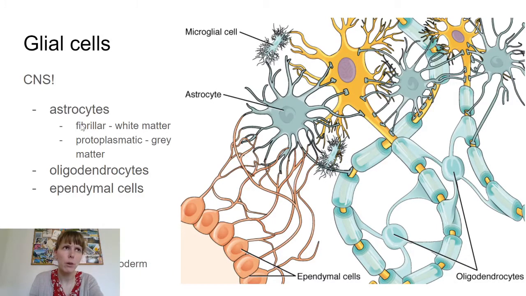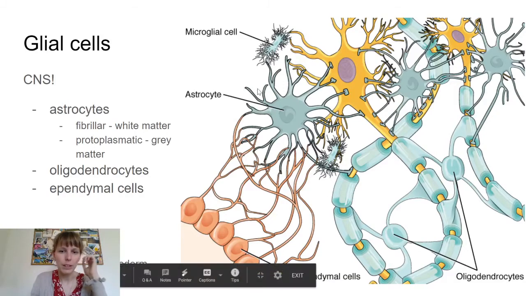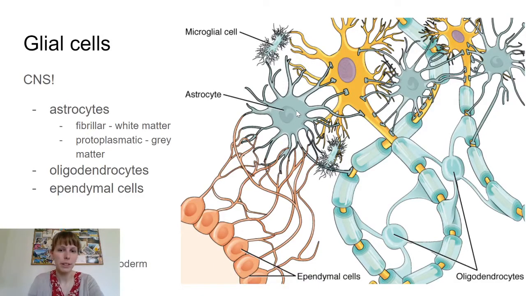There can be also other names, I think there's other terms for this, but anyway, it's not a key thing. And in the gray matter, where you have the bodies of the neurons, you have astrocytes which are called protoplasmatic, and they will be looking like this, not like fibers, not elongated, but sort of like astrocytes like this.